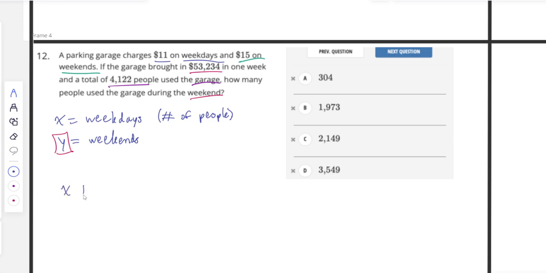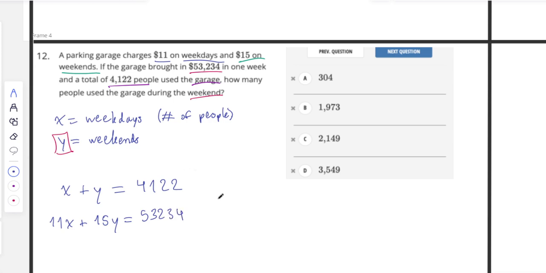So in total, number of people x plus y on the weekdays and weekends should add up to 4,122. And the total money that they made was $11 per person on the weekdays and $15 per person on the weekends, which brought in $53,234.